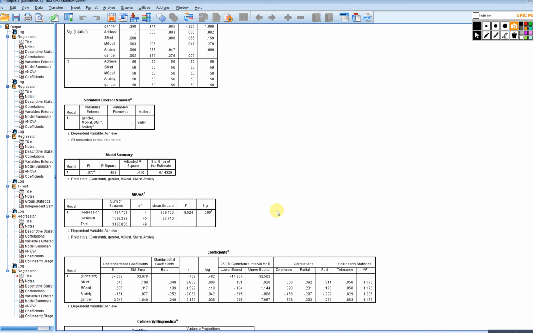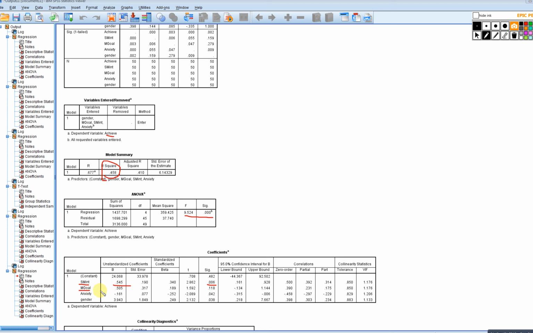In this particular case, we see that as a set, the predictors have explained about 45.8% of the variation in the criterion variable achievement. It appears to be a significant amount, and we would infer from this that the population R-square is significantly greater than 0. When we look at the individual predictor variables, subject matter interest has a positive predictive relationship that appears to be statistically significant.